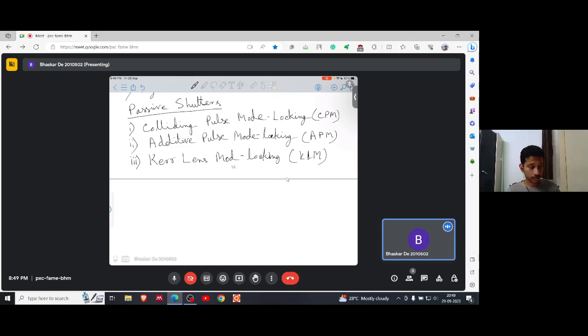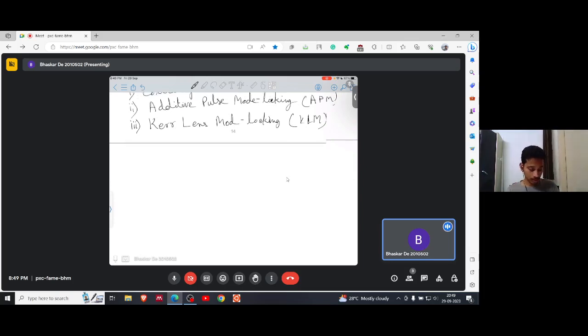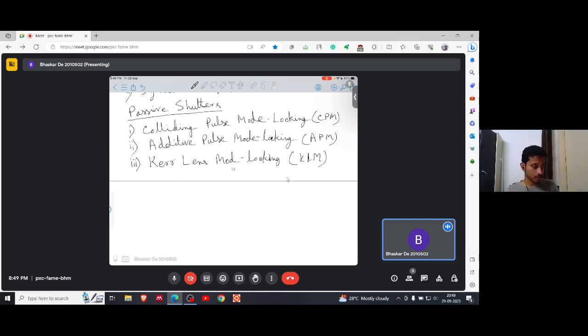This is additive pulse mode locking, and then there is Kerr lens mode locking, which is basically based on the self-focusing phenomena of the Kerr lens. So we don't need the details of this mode locking. I just mentioned this because it's necessary to know.